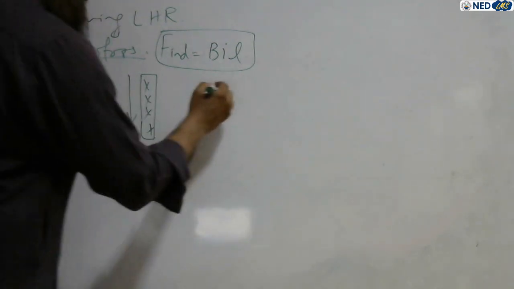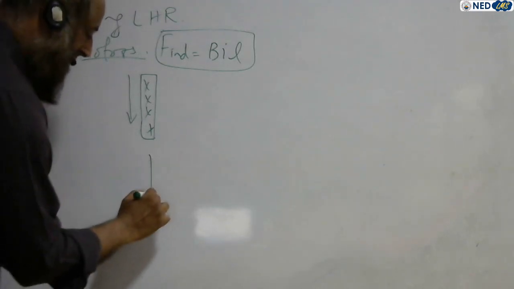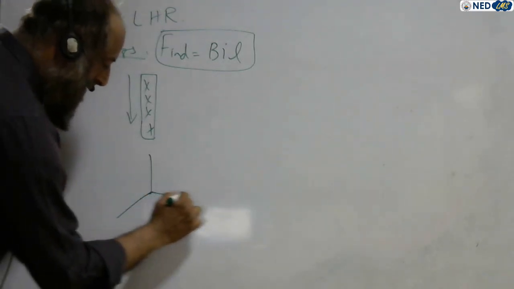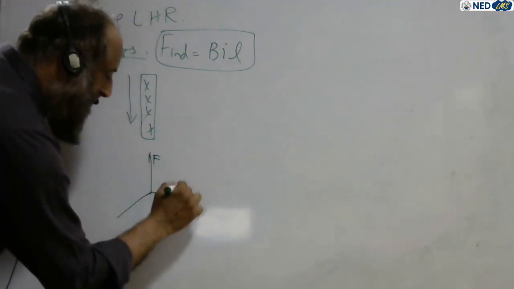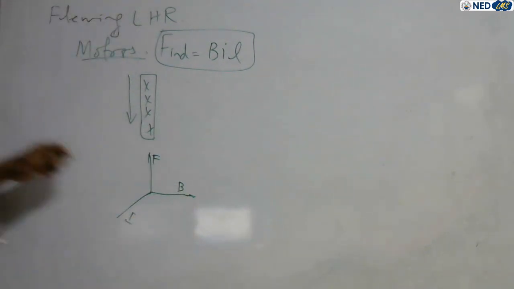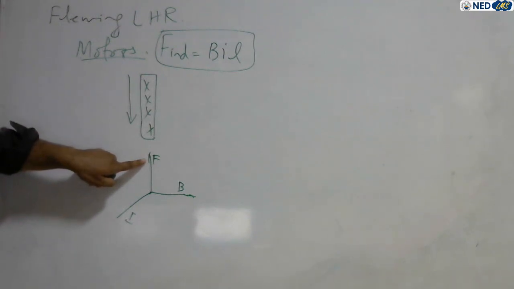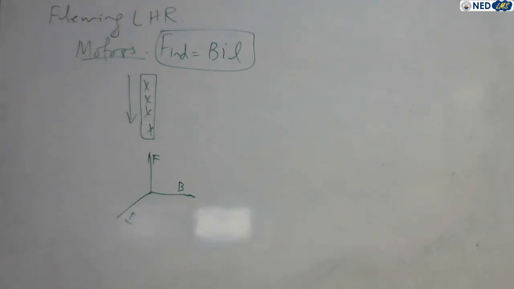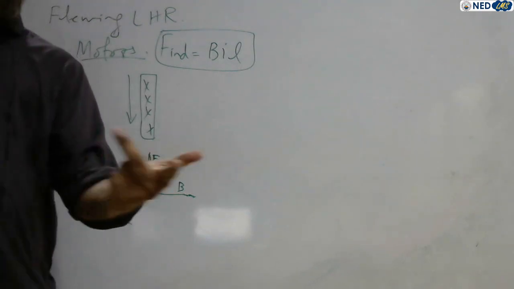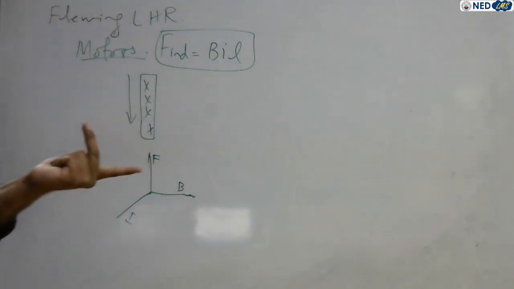And again, you have three parameters: FBI, right? F is the force induced, the direction of rotation, B is the magnetic field, and I means current. Now place your left hand, and you see you have three fingers.